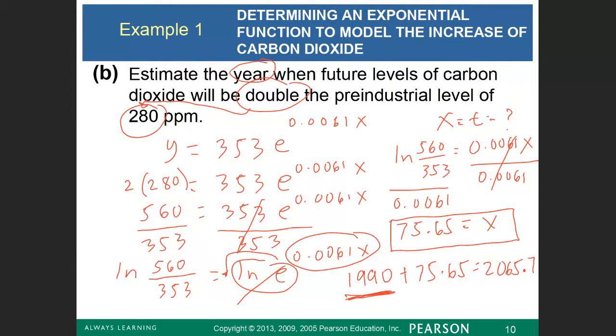So our answer here is on that year, 2065. So we're not rounding that up to 2066, because it's not the beginning when the pre-industrial level will be doubled. It's beginning at the middle of 2065. So 2065 is the correct answer for letter B here.